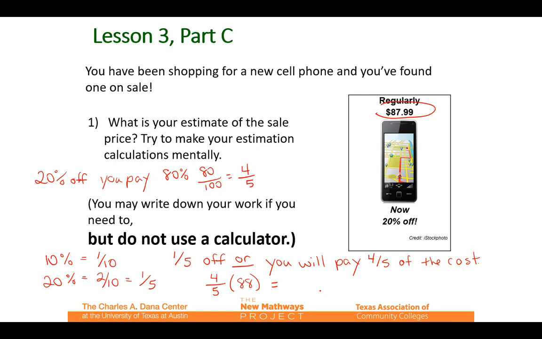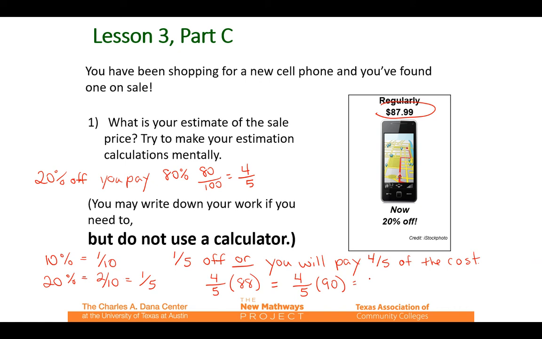We can do it, but you could make it a little bit easier if you rounded that to 90. 5 will go into 9.